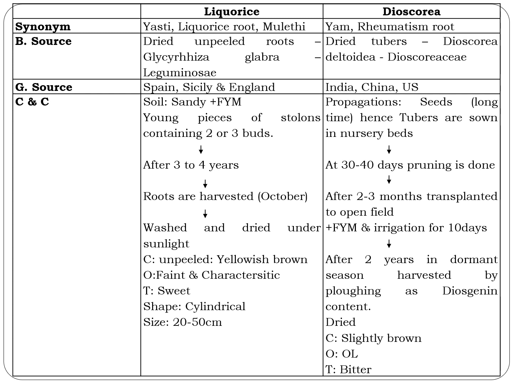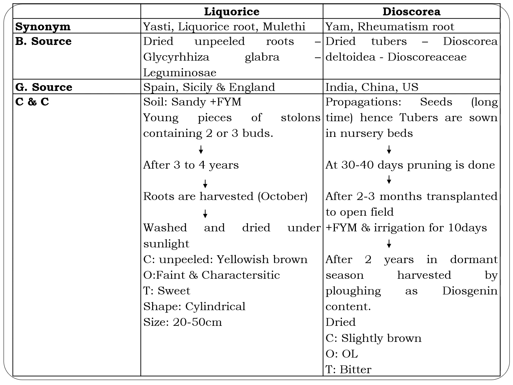Licorice grows in sandy soil which is rich in farmyard manure, and it is propagated by vegetative propagation. Young pieces of stolons containing 2 or 3 buds are selected for propagation. After 3 to 4 years, the roots are harvested in the month of October, vigorously washed to get rid of soil, and dried under sunlight.